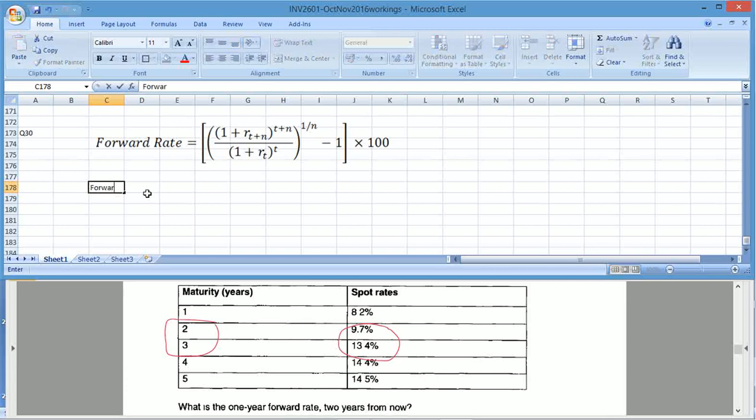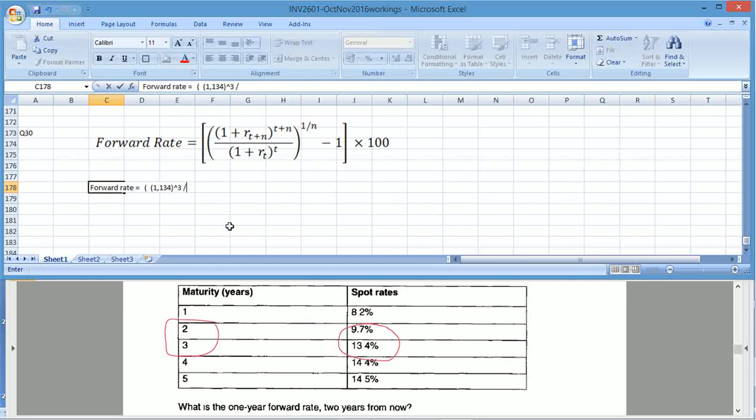So forward rate equals, open brackets, open another bracket. So I'm going to have the long rate, which is 1.134, close brackets to the power 3.